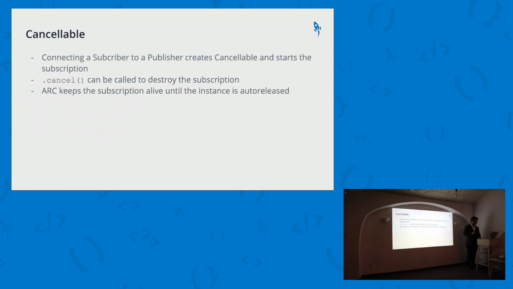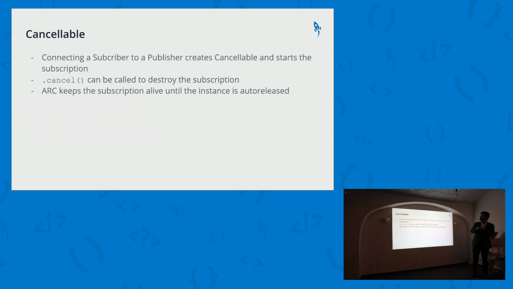Okay, so what if we take a publisher and connect it to a subscriber? We get something which is called cancelable. And cancelable is one of the most important concepts of Combine. And it's the pipe we create if we put those two together. And the event stream starts not when we create the publisher, not when we create the observer, but when we connect them together.